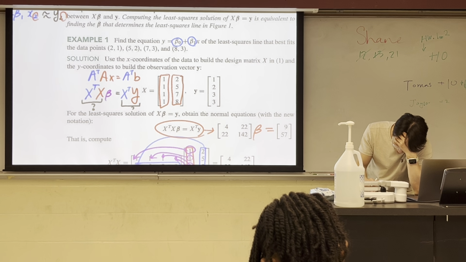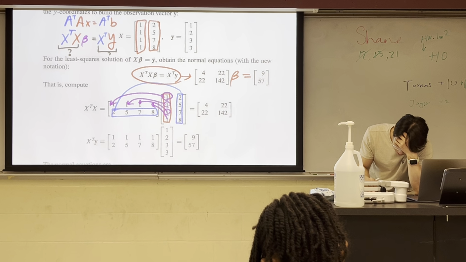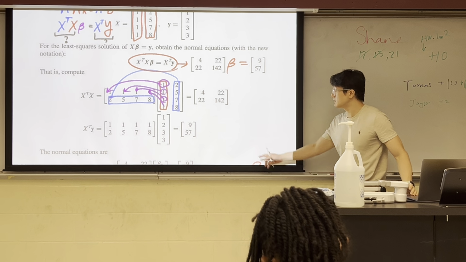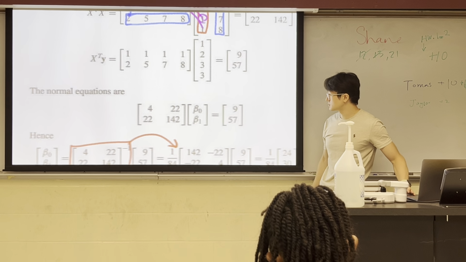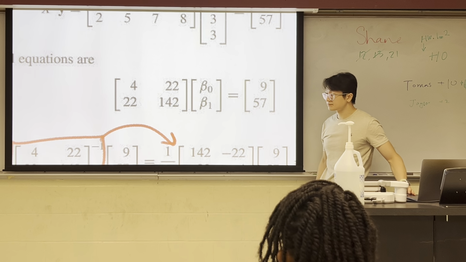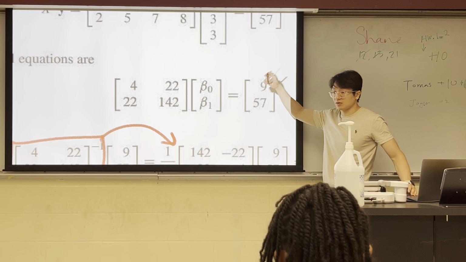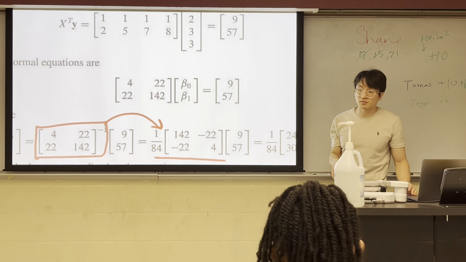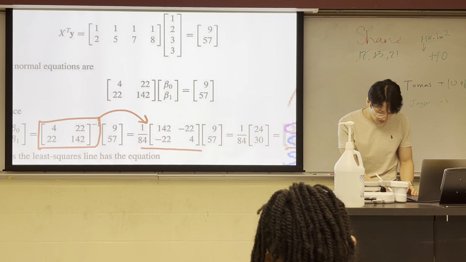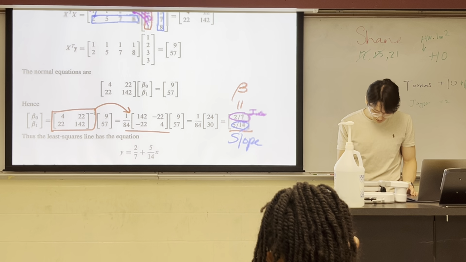Therefore, finding the inverse of 2 by 2 is not that hard. So you can find the inverse of this, or you can just use the augmented matrix like this to find beta 0, beta 1. Okay, there are two ways. Pick the way that you feel more comfortable. Doesn't matter, as long as you find the betas.